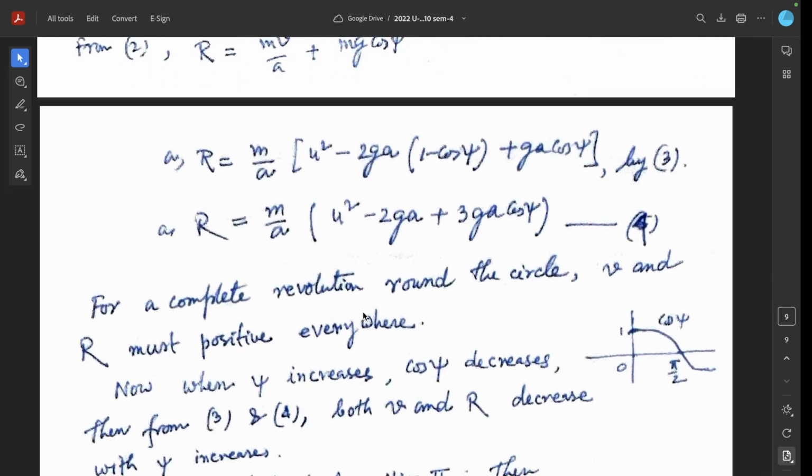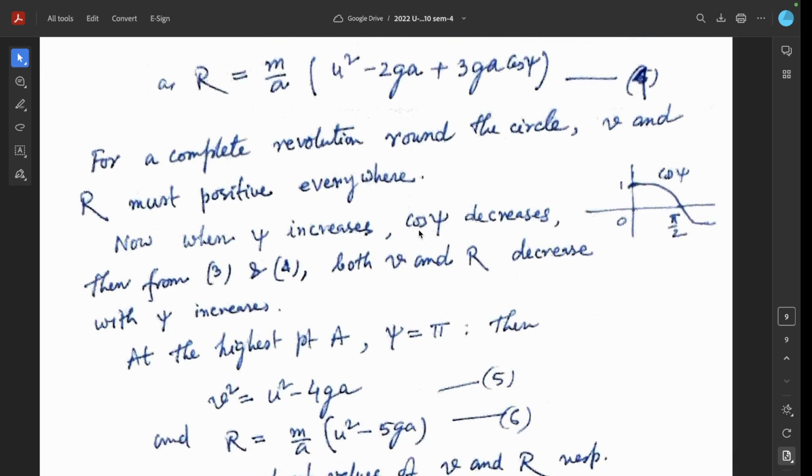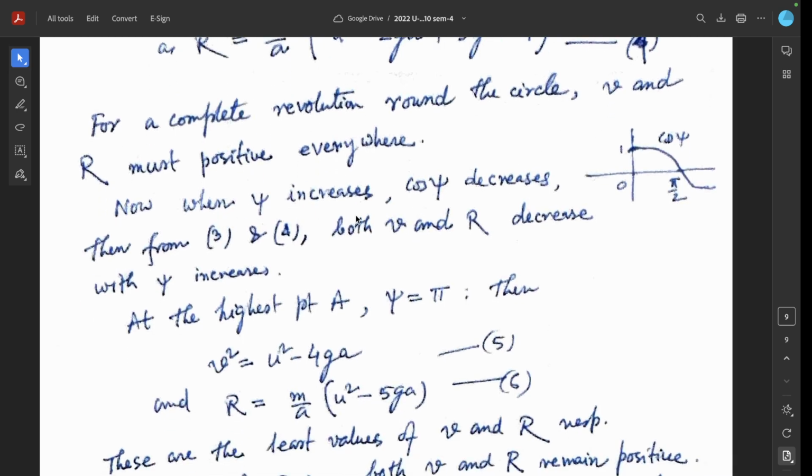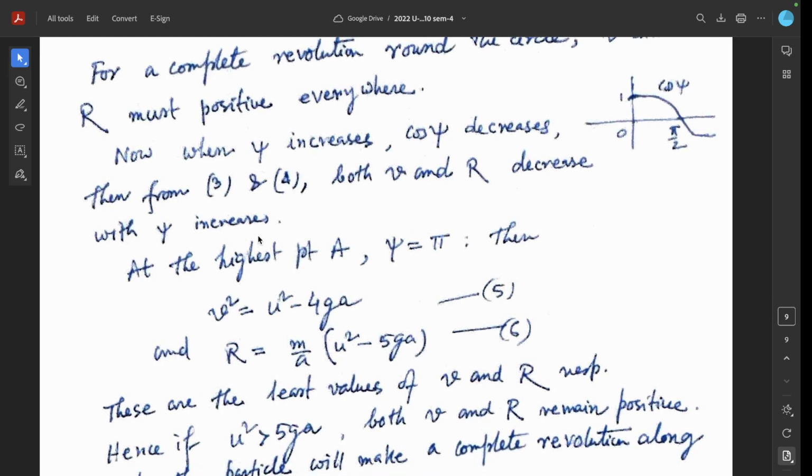For a complete revolution around the circle, v and R must be positive everywhere. Now when psi increases from 0 to pi, cos psi decreases. So cos psi is a decreasing function, and from equations 3 and 4, both v and R decrease as psi increases.